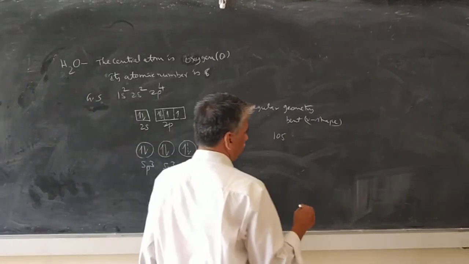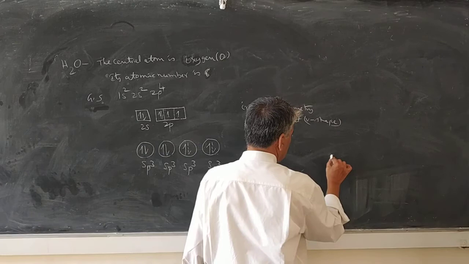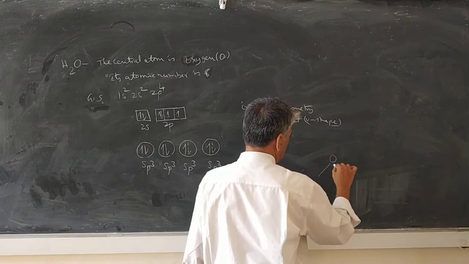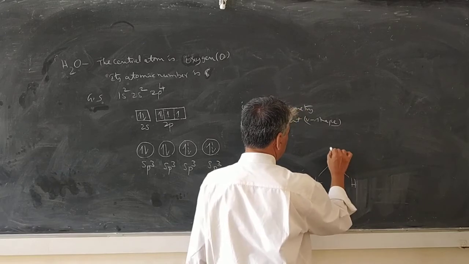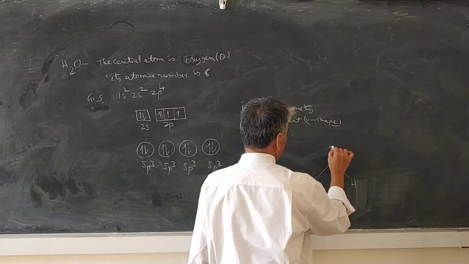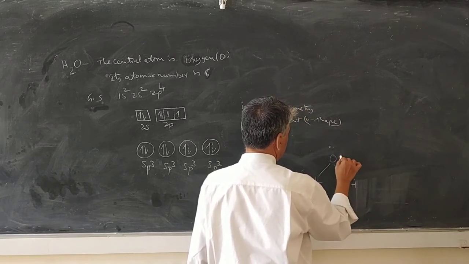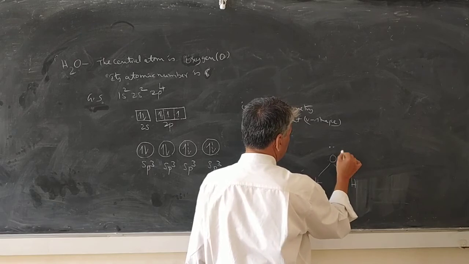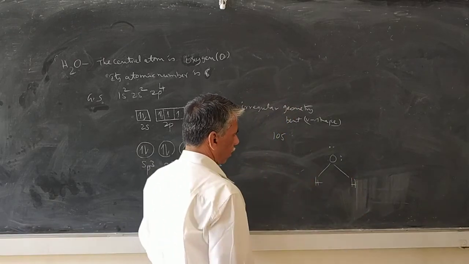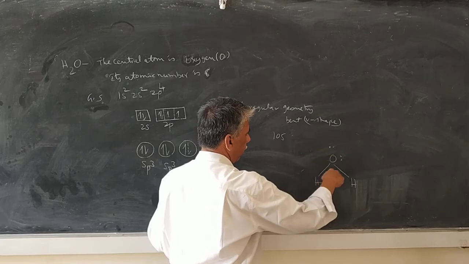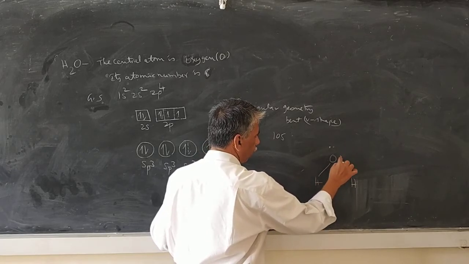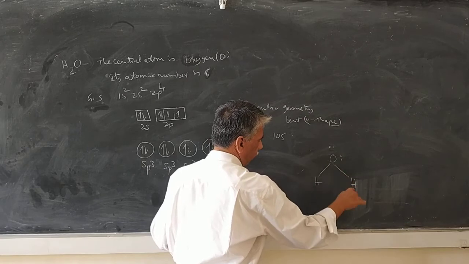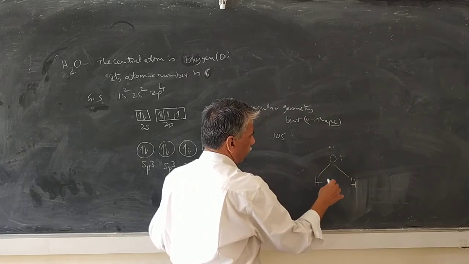And the structure is O, H, H. So this is the structure of the water molecule, V shape or bent structure, and there are two lone pairs and two bond pairs.